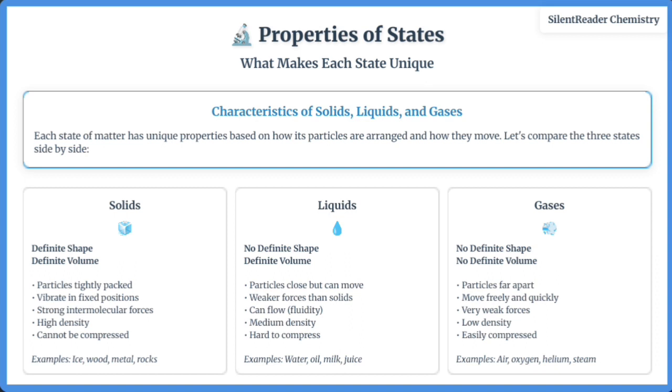Gases have no definite shape or volume because particles are far apart, move freely and quickly with very weak forces. These differences explain why solids are hard to compress, liquids flow, and gases expand to fill their containers. Understanding these properties helps us use materials effectively in daily life.